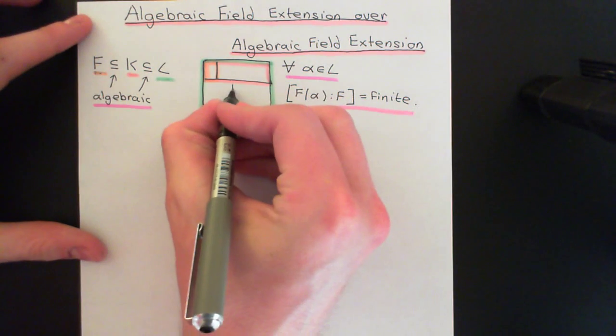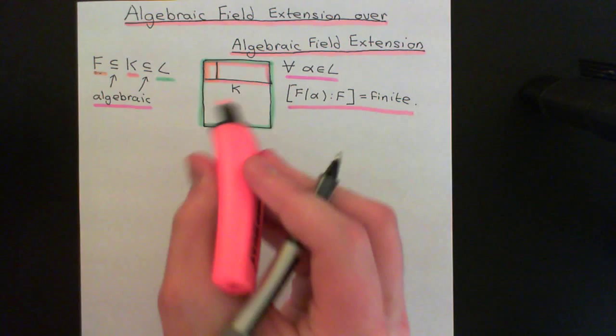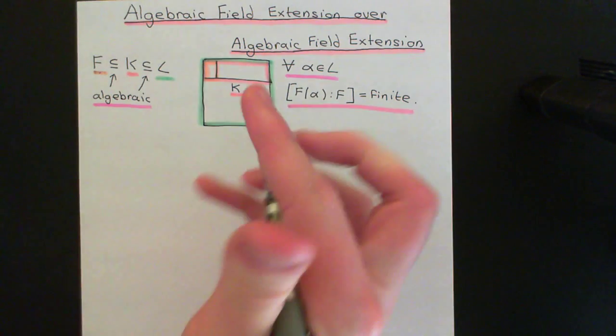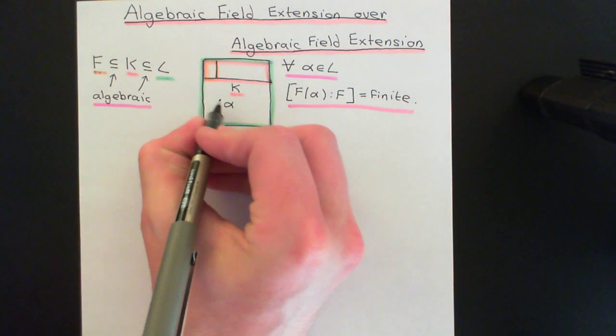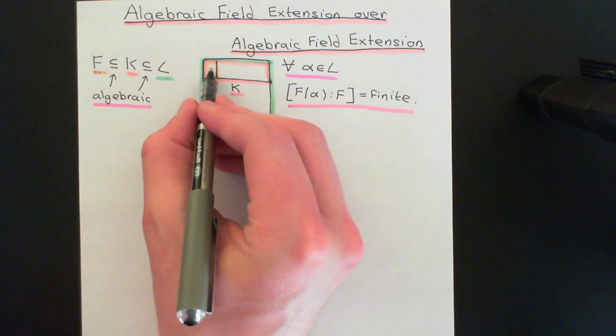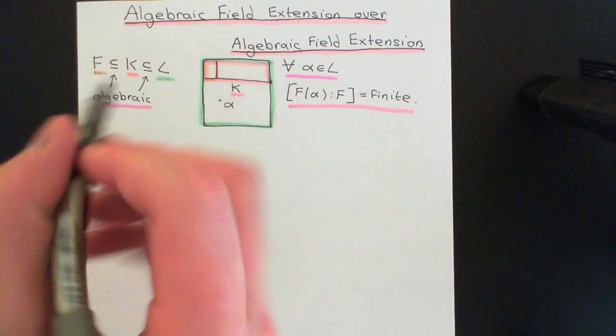And I think I'll just annotate this picture a little bit. So here is K in red here. And I'll put my alpha on here, so let's have alpha here. Of course alpha could be inside F or K, but more generally let's just have it there.